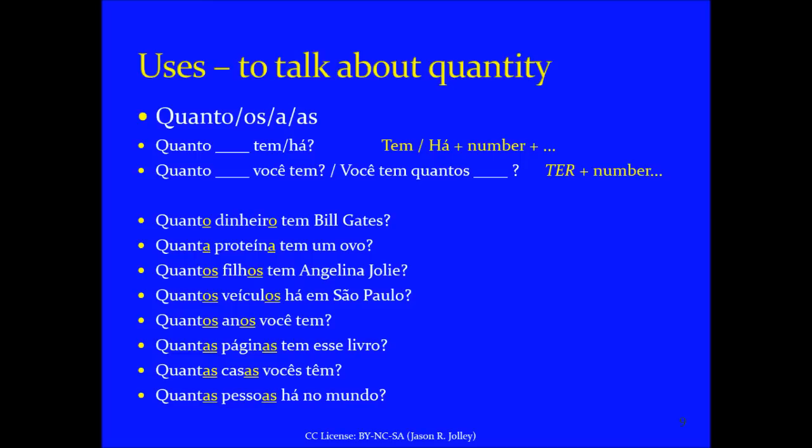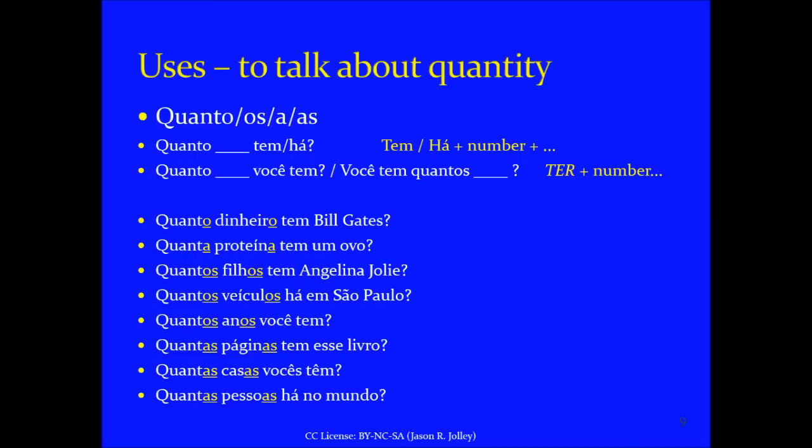So the forms are quanto, quantos, quanta, and quantas. Okay? So the formula to ask somebody how much money they have is to say, quanto dinheiro tem, and then the person's name. Or I could say, quanto dinheiro você tem?